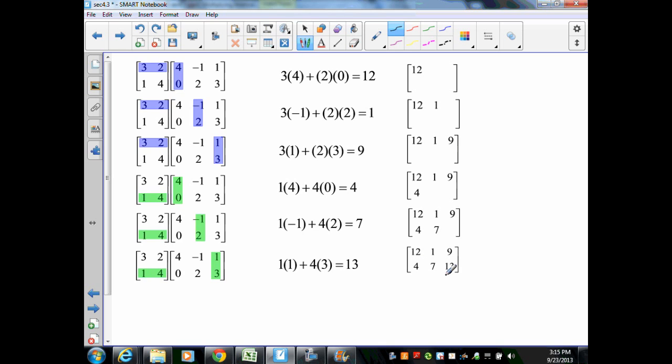So a set procedure of going across the row and down each successive column, and then going to the second row and going down each successive column, is a procedure that should be used to find the solution of multiplying matrices.